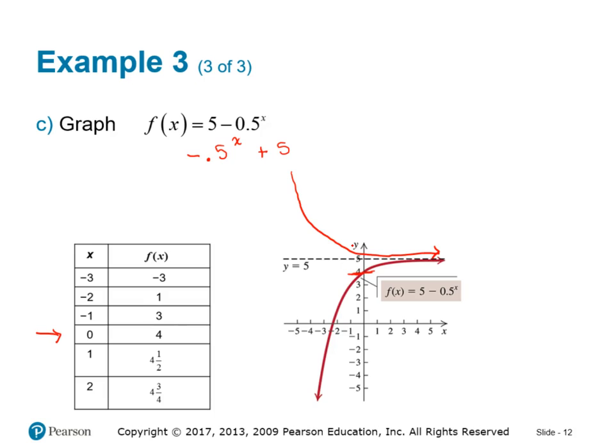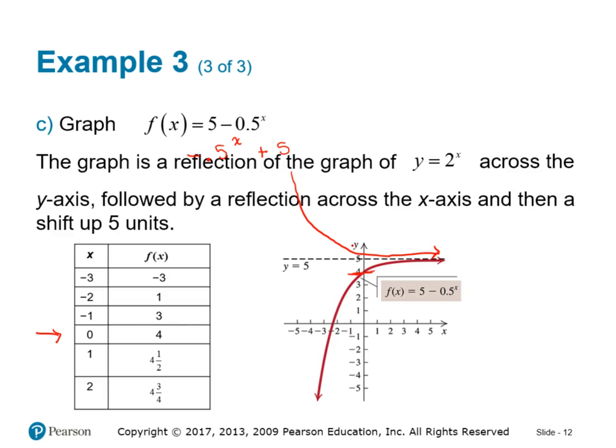I think that seems pretty straightforward. If not, then feel free to ask questions, right? It's going to be the reflection. Remember the 0.5 is going to be a 1/2. And then it's shifted up by 5 units.